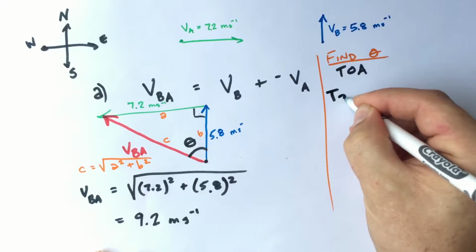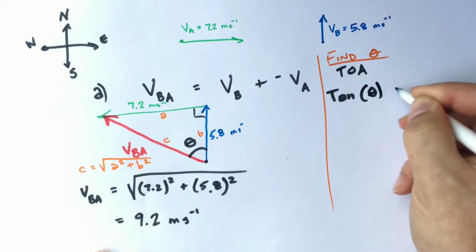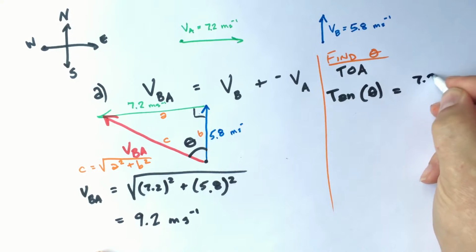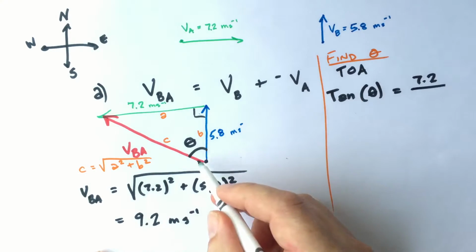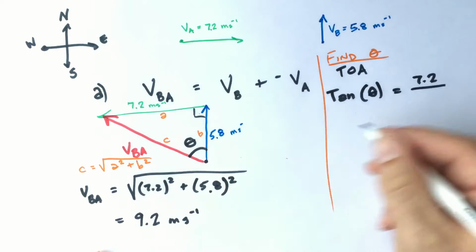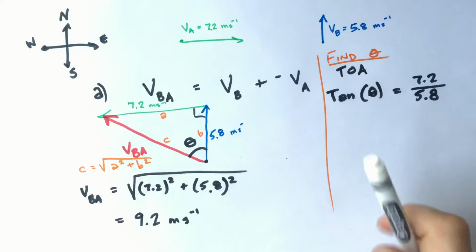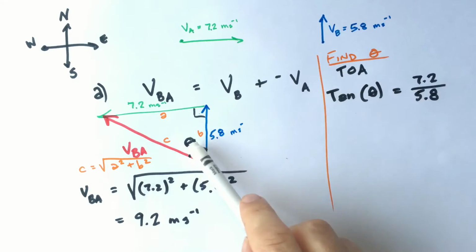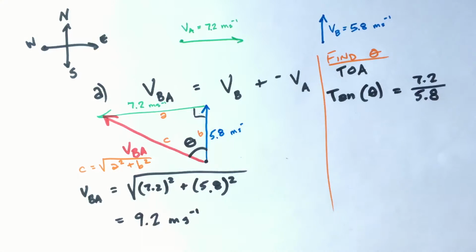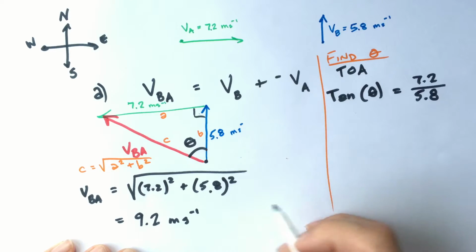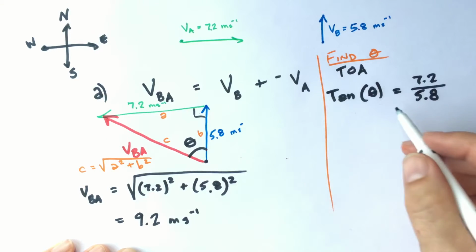In order to solve that problem, we're going to use TOA: the tangent of theta is equal to the opposite side, which in our case is 7.2, over the adjacent, which in our case is 5.8. There are all kinds of videos out there if you're curious how to use SOHCAHTOA and how to identify which side is which, on Khan Academy or whatever. So I'll assume that you either have that or you know where to go to figure out how to use SOHCAHTOA correctly.